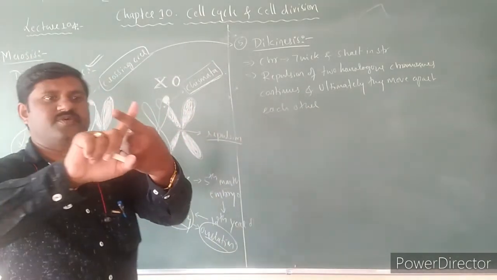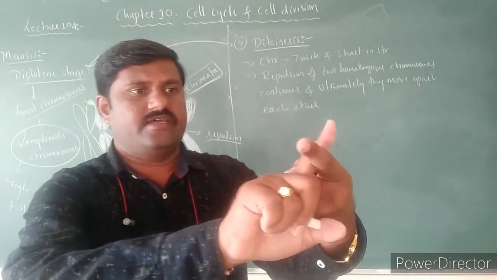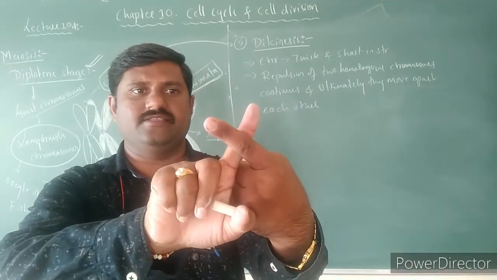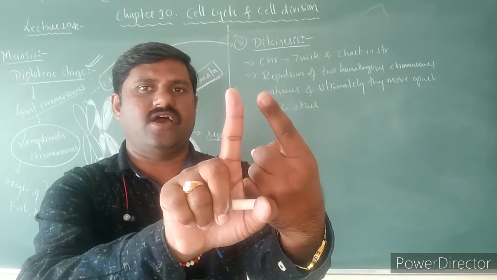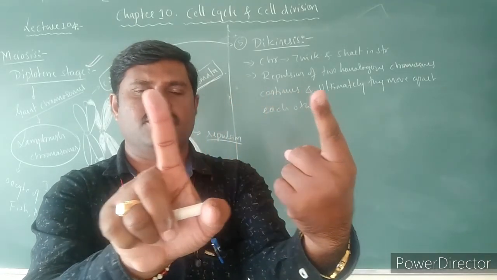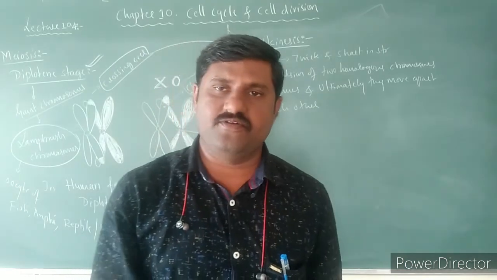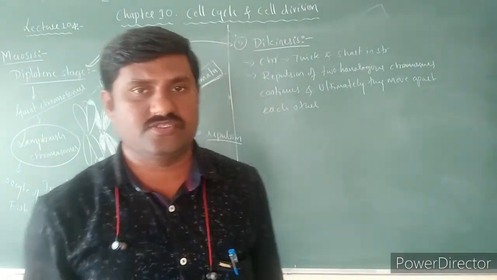The chiasmata formed here gradually slide out. When they slide out, the non-sister chromatids separate from the homologous chromosomes.